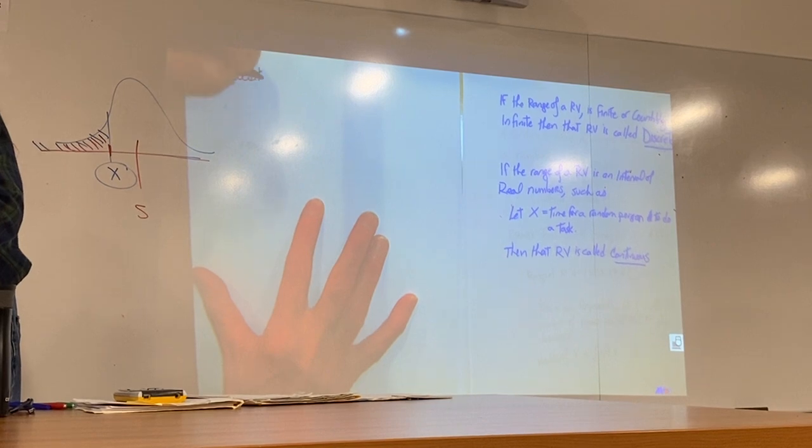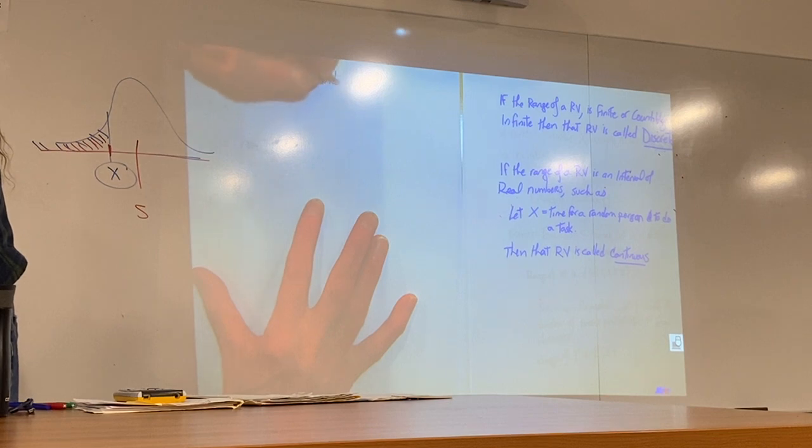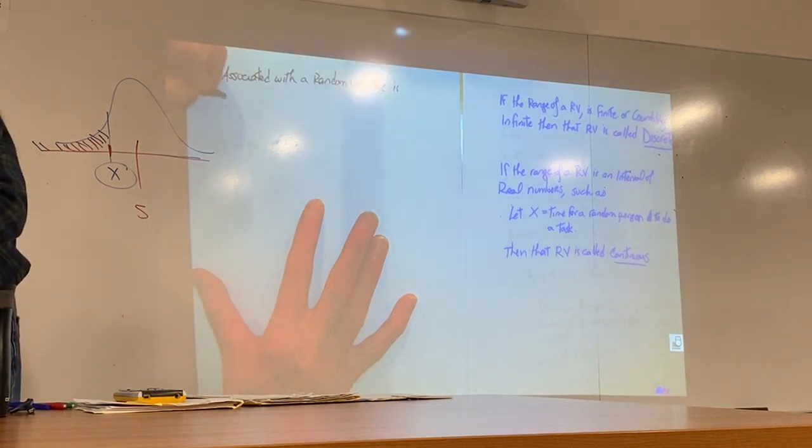Associated with a random variable is a probability function.